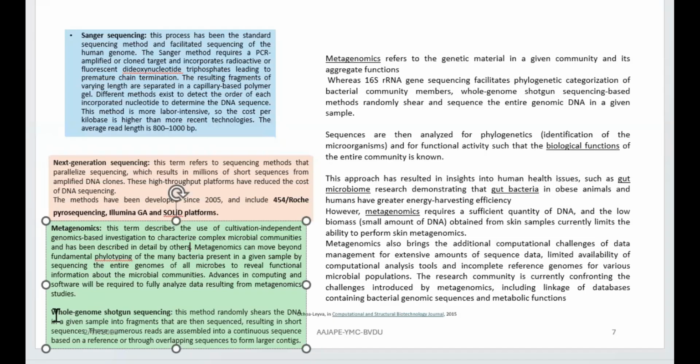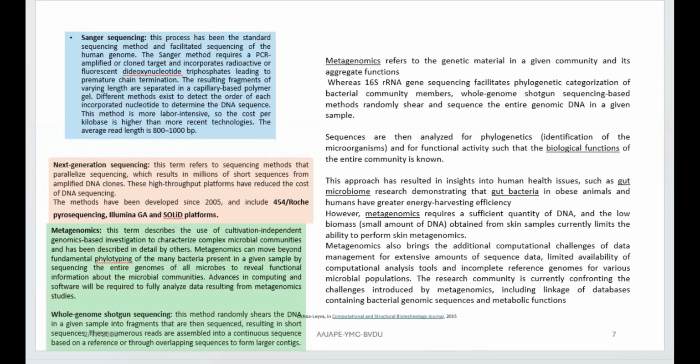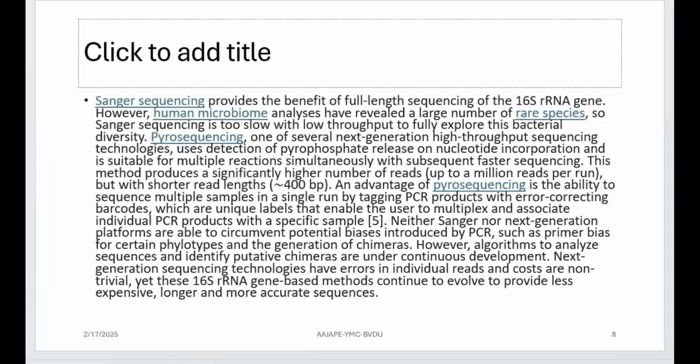That is not limited to the 16S region, it is for the entire DNA. Now these different methods are going to be applicable, and if you are reading maybe an 800,000 base pair sequence, then the Sanger sequencing method is more than enough, right?